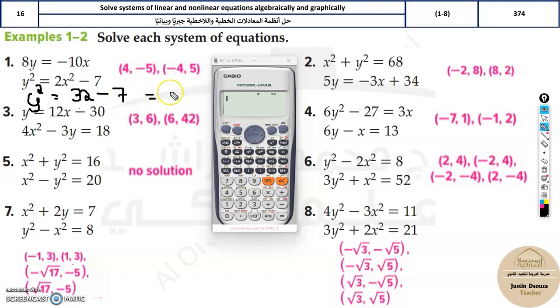This is equal to 25. Okay. Now y squared is equal to 25. What is y? Y is plus or minus 5. That's it. Same thing can be done over here. But if you use the calculator, you will just get a single answer. That's the thing. Otherwise, you have to use mod 5 and 3 and then solve it. You will get both the answers. So yes, this is correct.